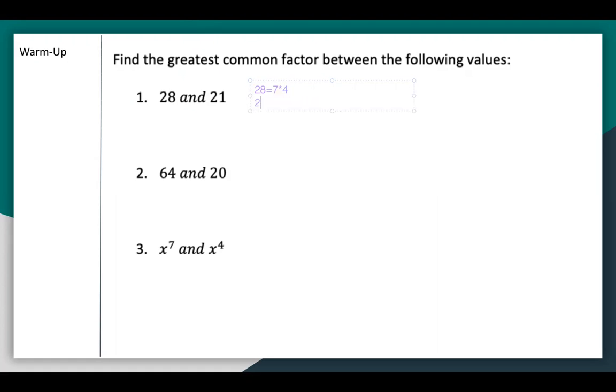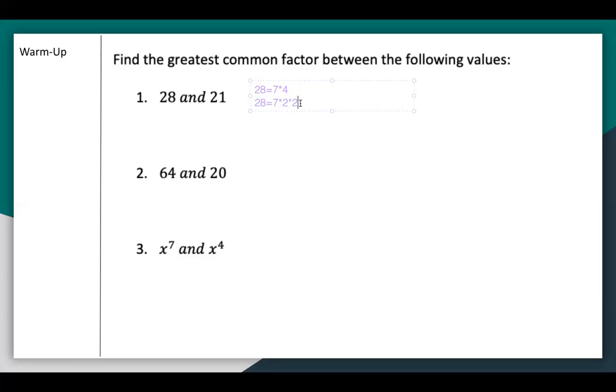But I can break down 4 even more to be 2 times 2. And what we notice here is 28 is broken down into its smallest parts, 7, 2, and 2. I can't break these numbers down anymore besides 1 in itself. Okay, this is what we called in the past the prime factorization.